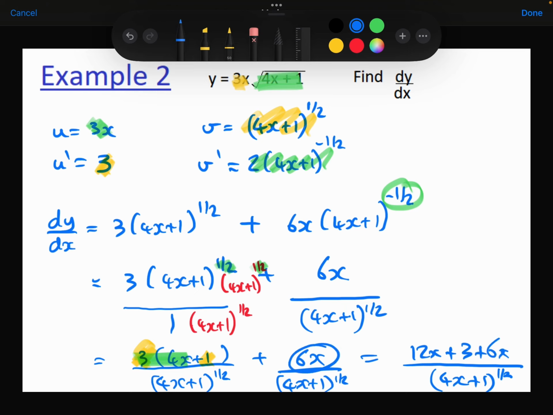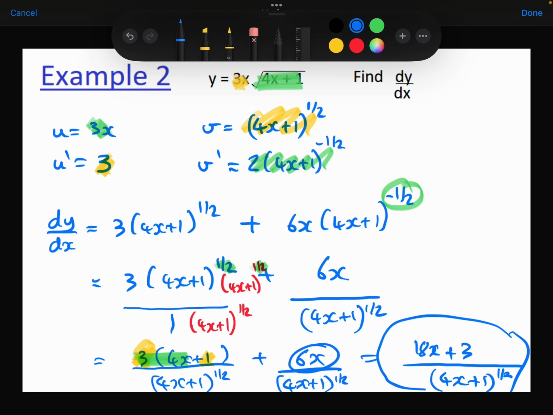And the 12x and the 6x, we can collect up those like terms to be 18x. And there we go. This is my gradient function in its simplest form.